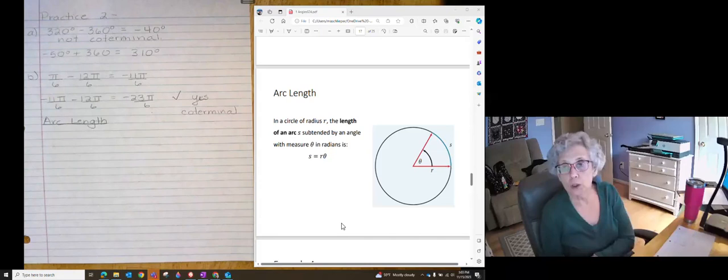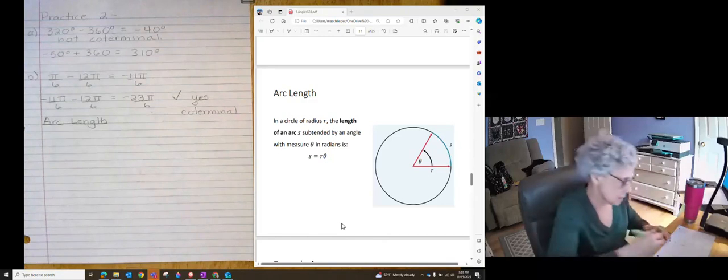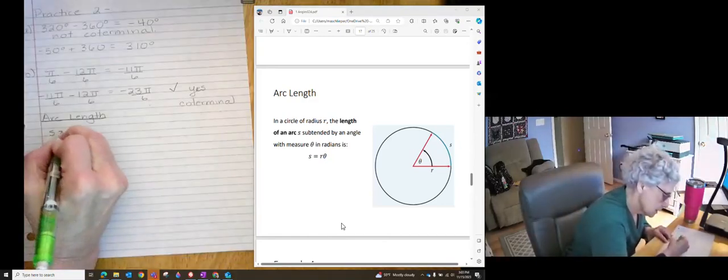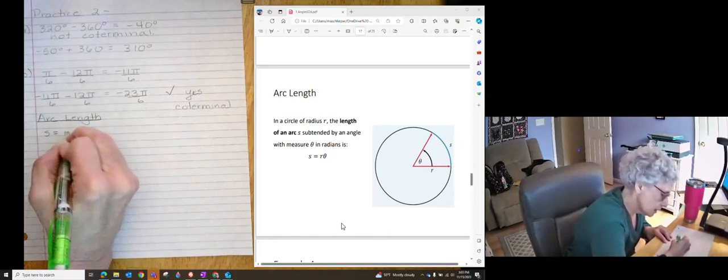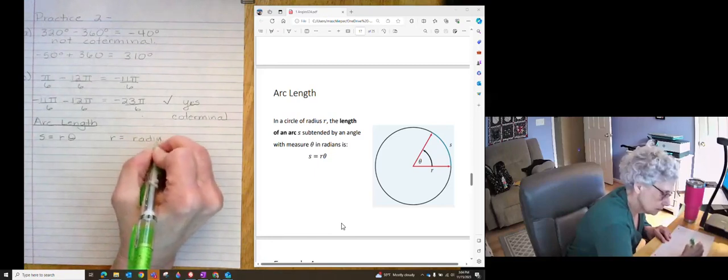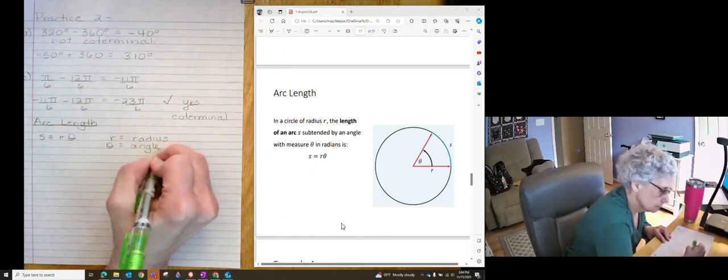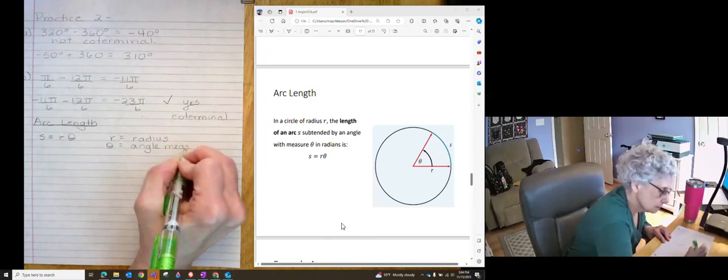And in a circle of radius r, so you know the radius is the distance from the center to the outside, S subtended by an angle with measure theta. S is equal to the radius times the angle measure, and it has to be in radians. S is equal to R times theta. R equals radius. Theta is your angle measure in radians.